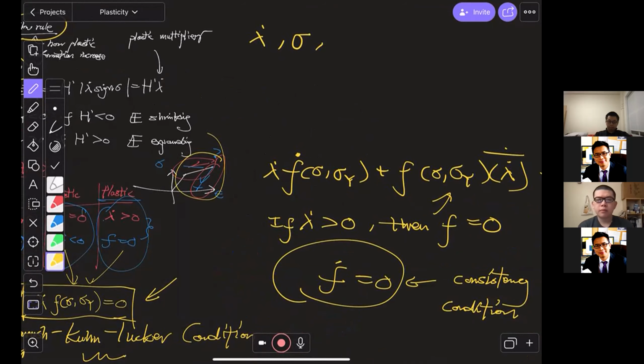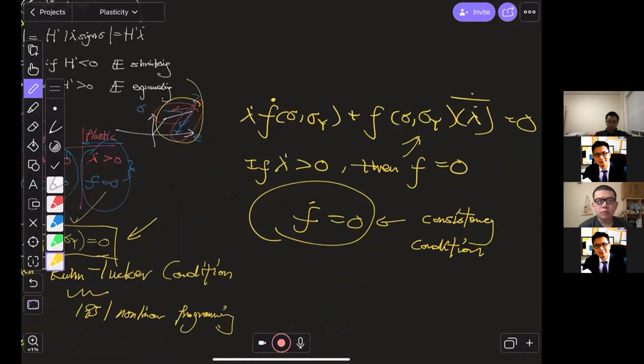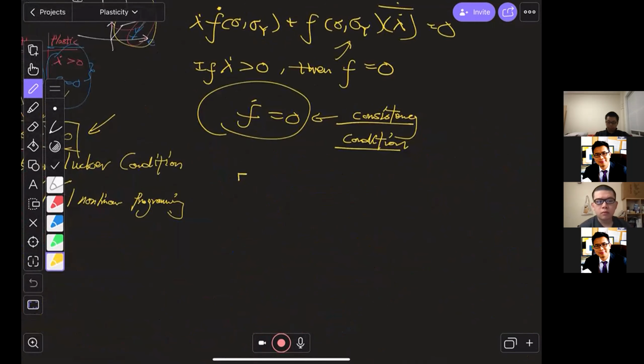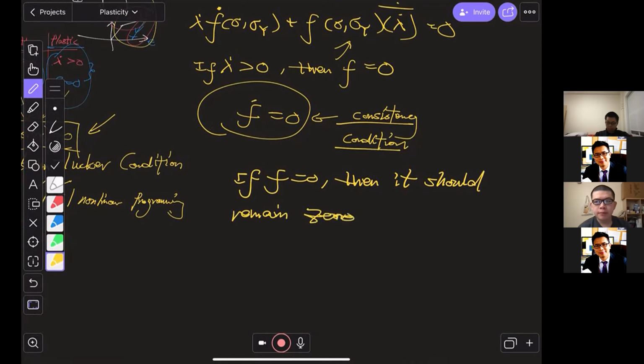I will have enough unknowns. So the consistency condition means that if F is equal to 0, then it should remain 0 until unloading. Okay, does that make sense?